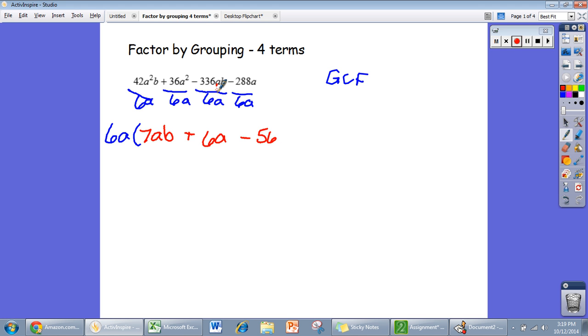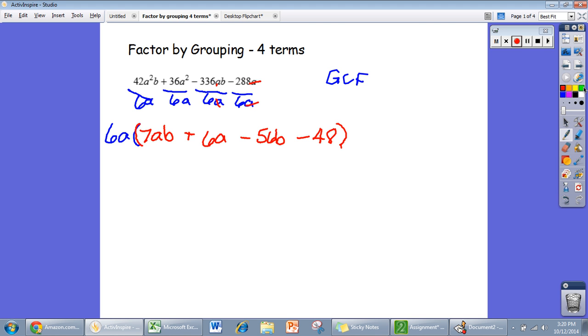The a's, of course, are canceling out, and the b remains. And a negative 288 divided by 6 is a negative 48, and the a's cancel. A divided by a equals 1. Here's now my 4 terms that I have left after factoring out my greatest common factor.